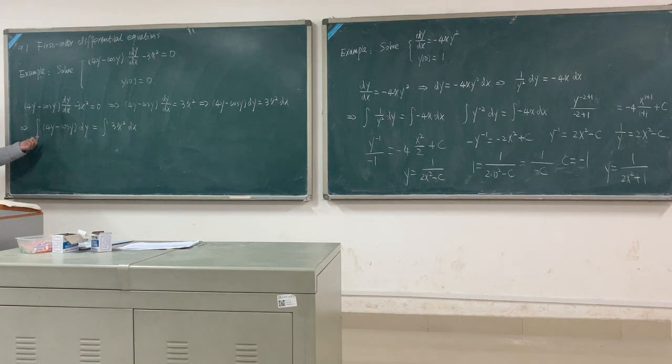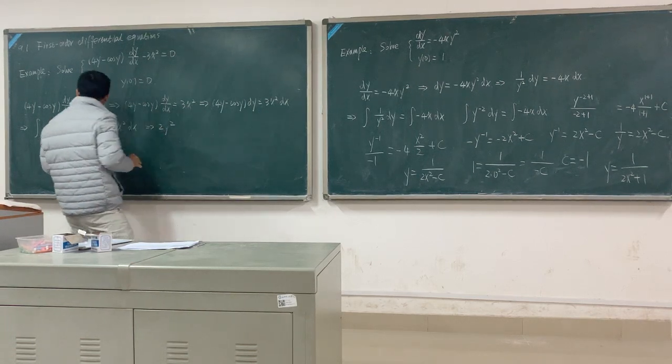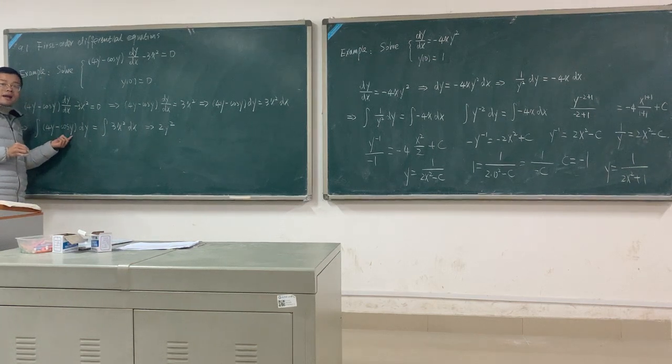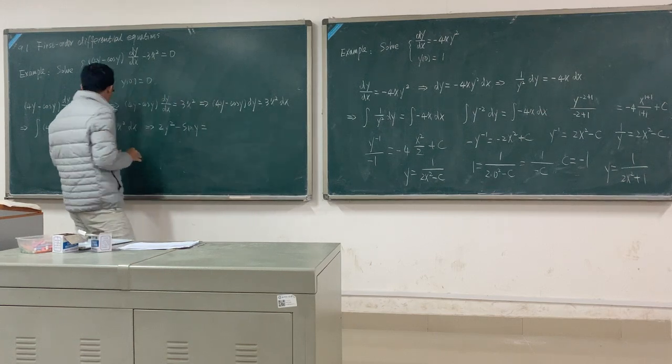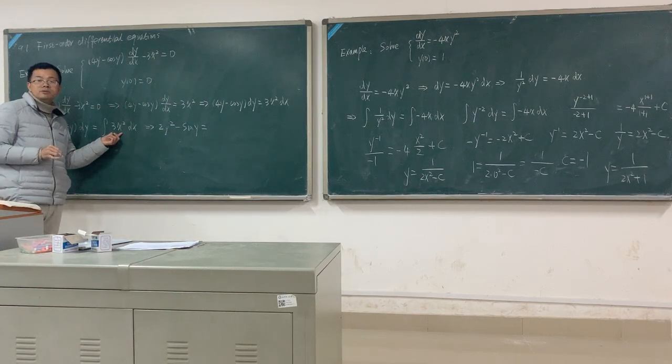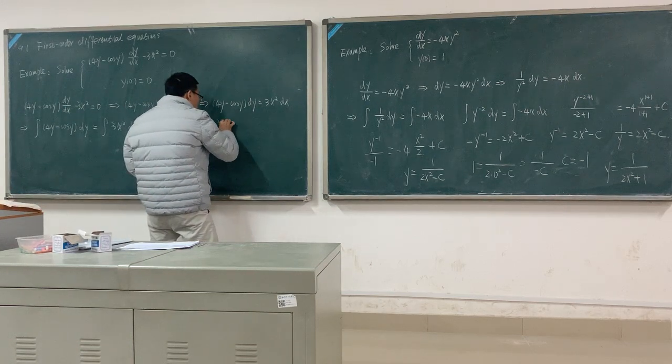First, the antiderivative of 4y is 2y squared, and the antiderivative of cosine y is sin y, so minus sin y equals the antiderivative of 3x squared, which is 3x cubed over 3, so x cubed, plus a constant c.